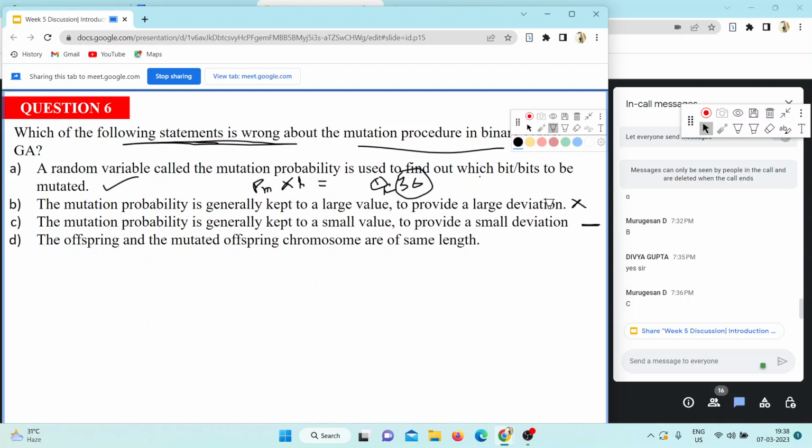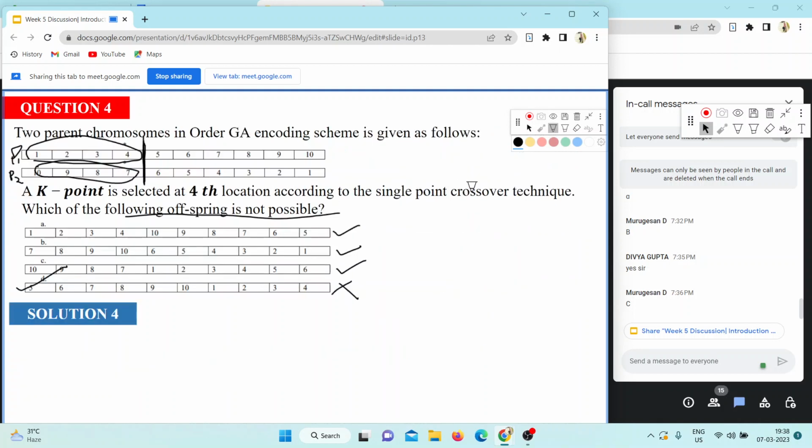C, the mutation probability is generally kept a small value. This is true. And D, offspring of the mutated chromosome are of the same length. Till now we have all seen this for our binary coded GA. Let me show you this.